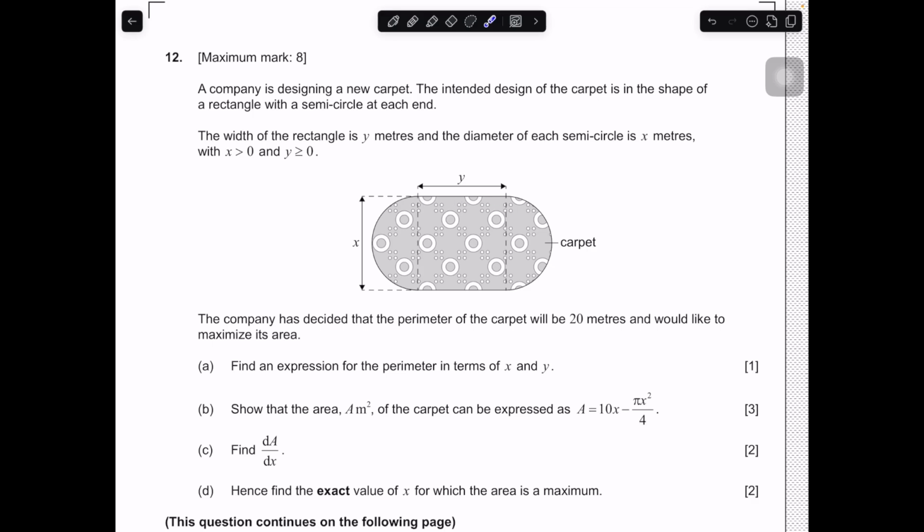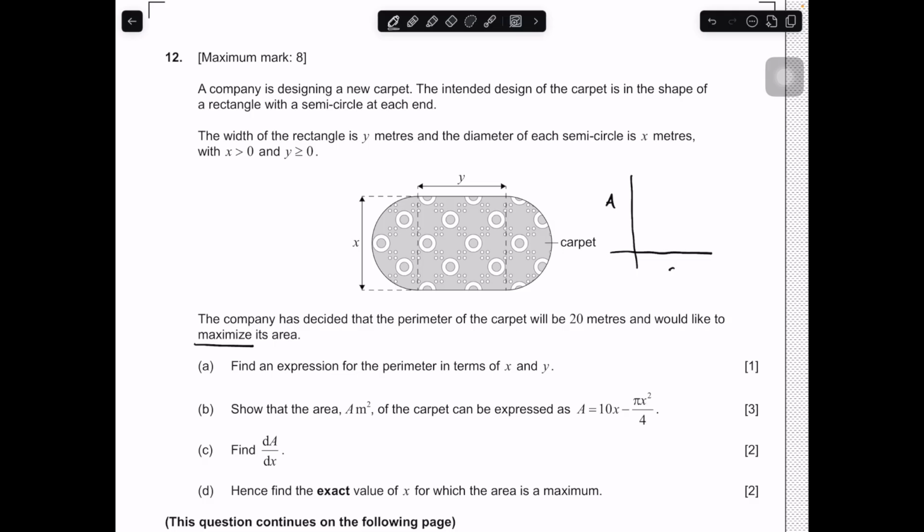This width, I mean. The company has decided that the perimeter of the carpet will be 20 meters and would like to maximize its area. So the perimeter going all the way around is going to be equal to 20, and they want to maximize the area. So it tells us that potentially, or likely, this is going to be some kind of optimization question.